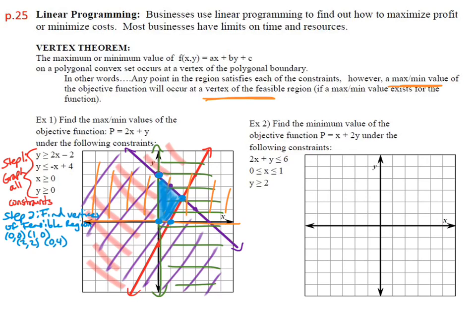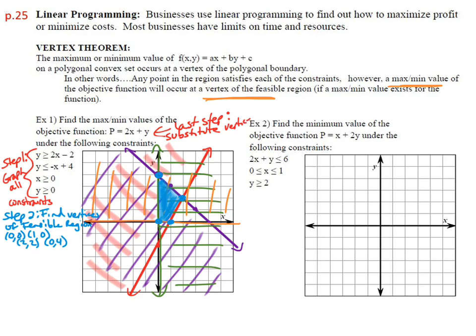And once you have those vertices, you're going to come up here for your last step. The last thing that you want to do is substitute those values from the vertices into that objective function, or the equation, to find the maximum or minimum.